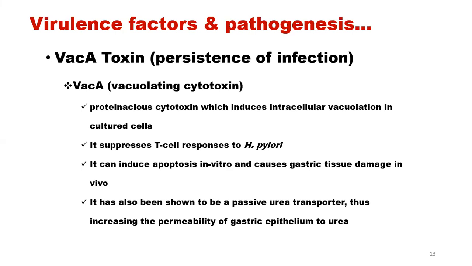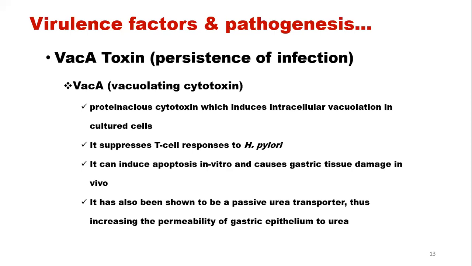Now, everything that I've just told you about this vacuolating toxin is geared towards destroying the epithelial cells. Increased permeability to urea is toxic to the epithelial cells.